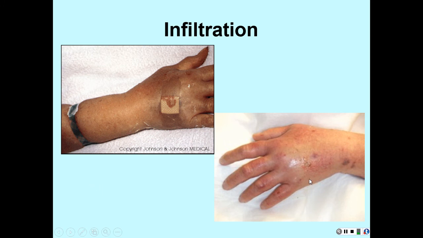Sometimes that can get infected, but hopefully if you've used a good technique to start it, you can just keep a bandage over it, clean the site. Once you take the IV out, clean the site, cover the site, and then just keep a check on it. But you got to restart in the other arm.